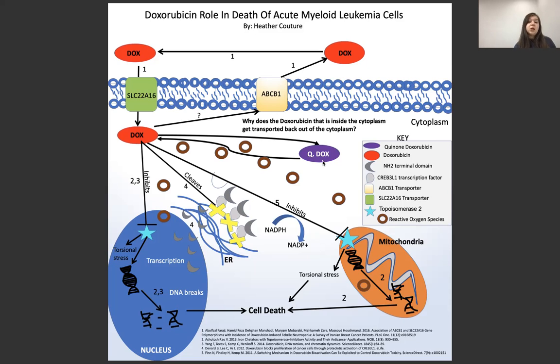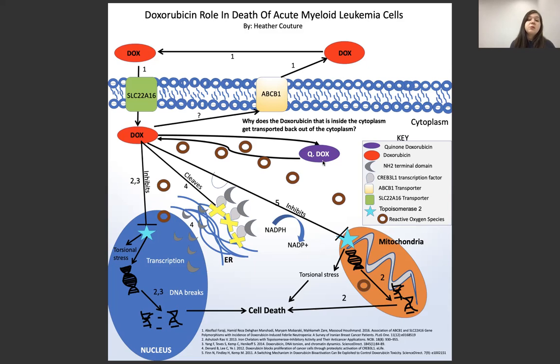And it was indicating that this may be a defense mechanism the cell has in place for this chemotherapy drug to prevent it from causing apoptosis and damaging it further. And it'll go out through that transporter, but most often will come back in through the first transporter, the SLC22A16.